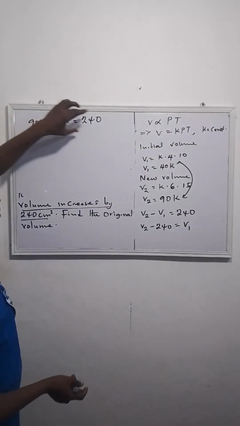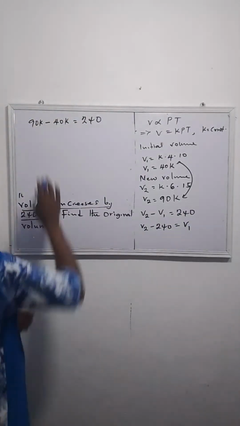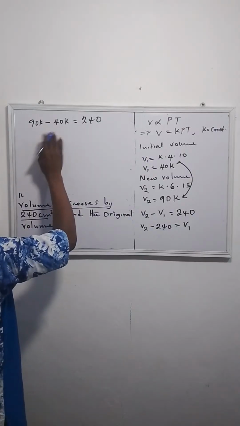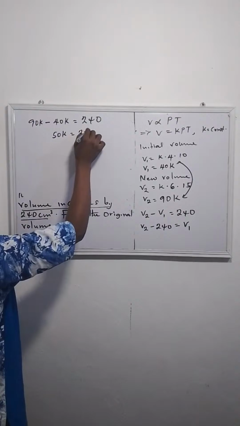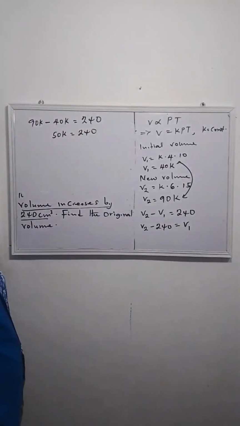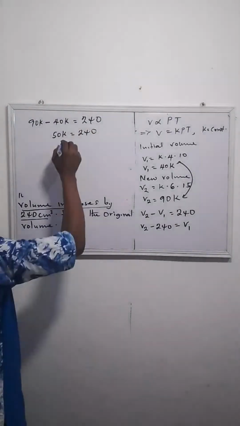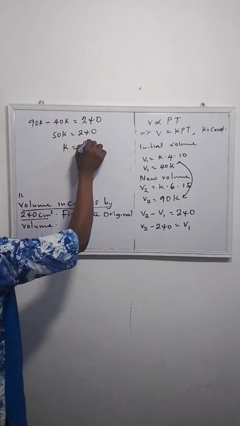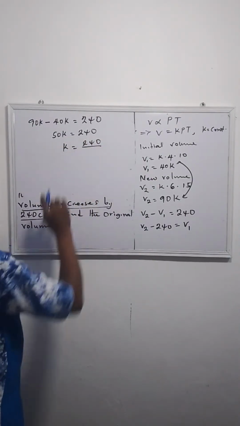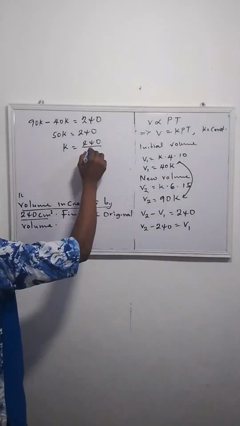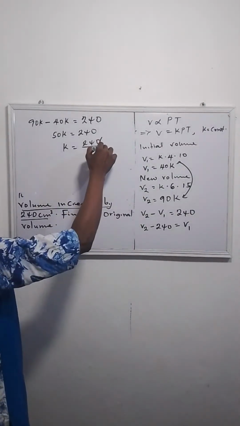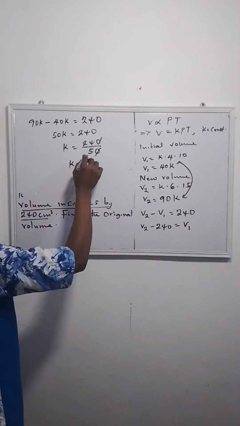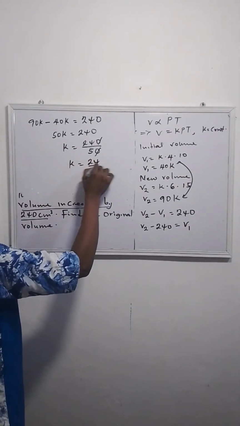When you subtract, we have 50K equals 240. So K equals 240 over 50. We cancel this, so we have K equals 240 over 5.